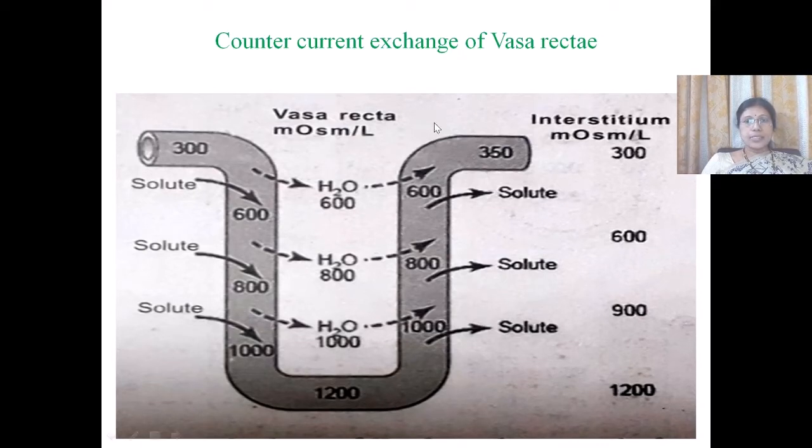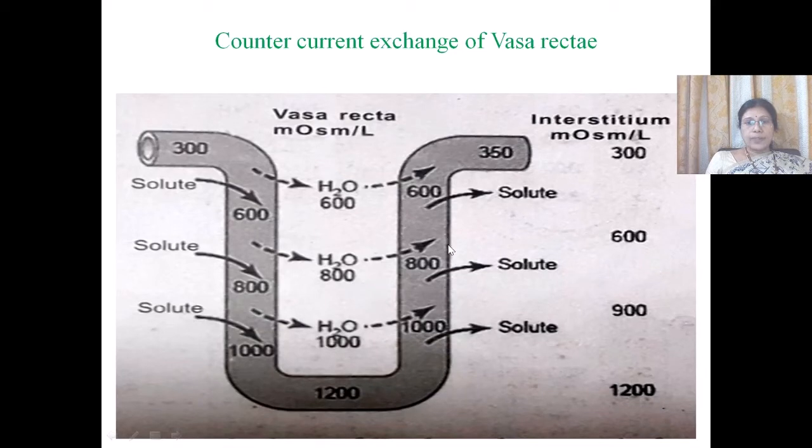Some branches form a loop-like structure around the loop of Henle, and this vasa rectae consists of two limbs, a descending limb and ascending limb. The two limbs lie parallel to each other, and the flow of blood is in opposite directions in the two limbs of vasa rectae, and thus they form the counter current channels.